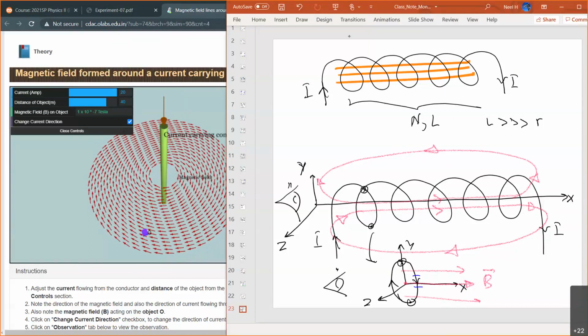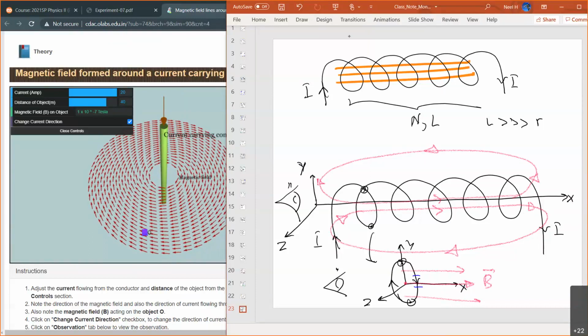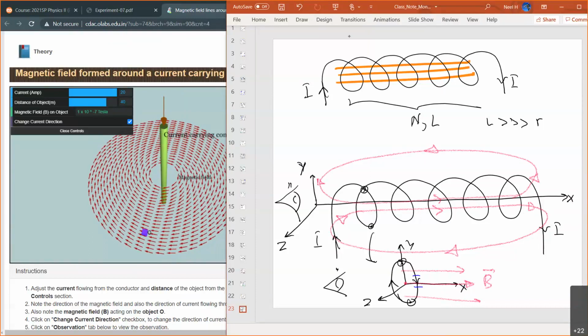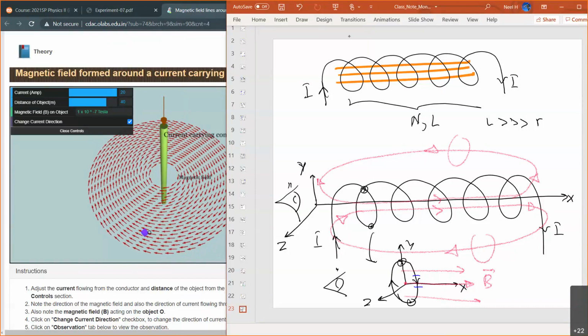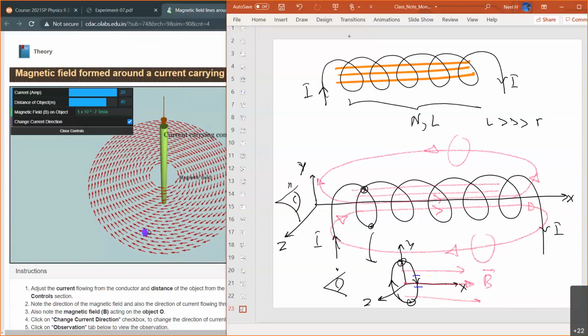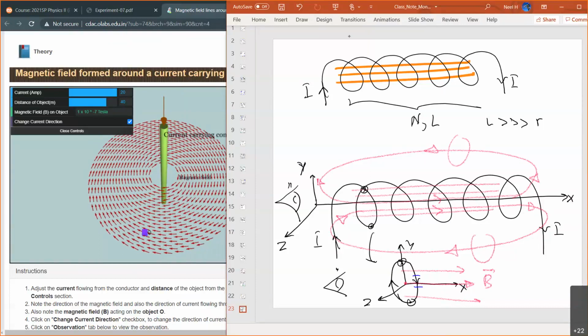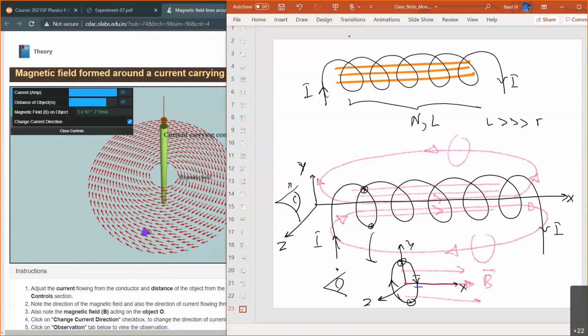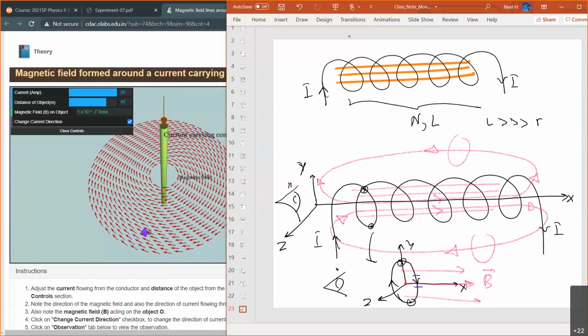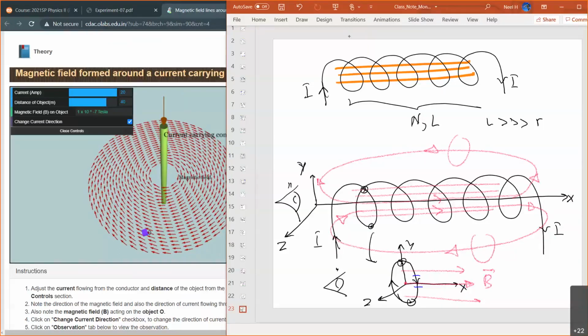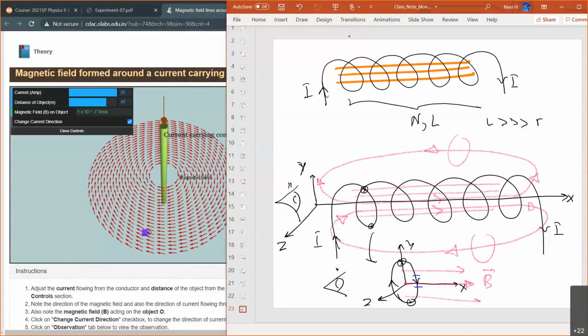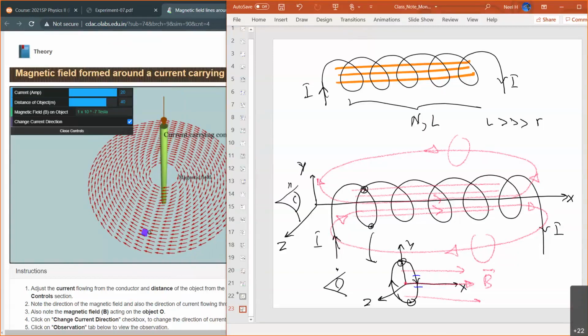But the magnitude of the field is very, very small around here. Both of these sides have very small field values, but inside you're going to have a very, very strong magnetic field. That's the idea, okay? Any question?